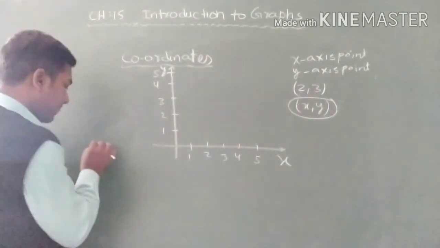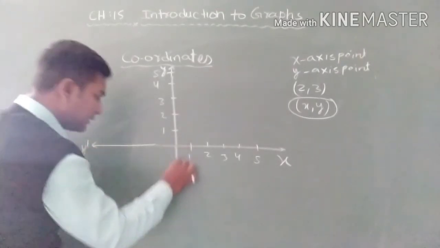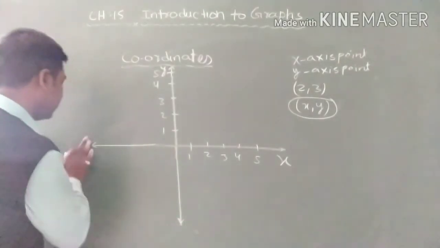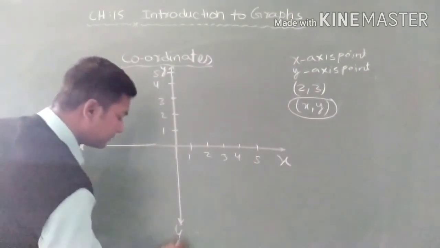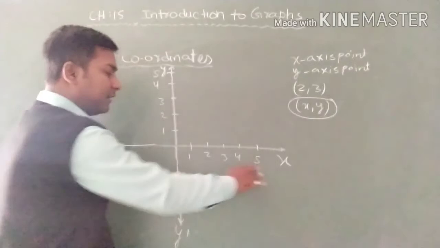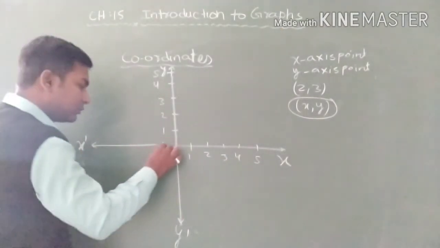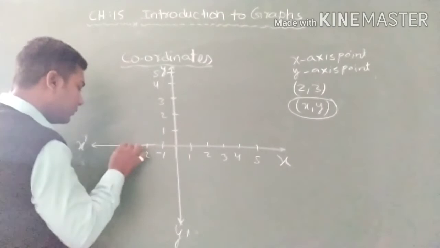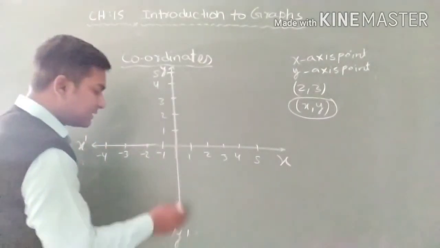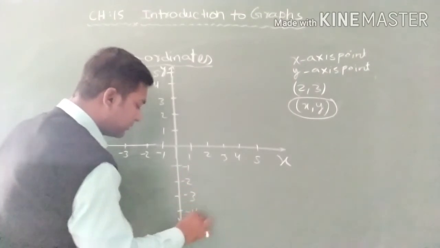Okay. Now let's suppose this is y dash and this is x dash. So this is x dash and this is y dash. Now on the right side x is positive and on the left side at x dash, x is negative. Okay. So this is -1, -2, -3 and -4. And at y dash it will be negative. So -1, -2, -3 and -4.